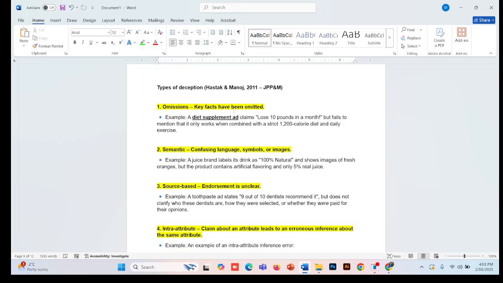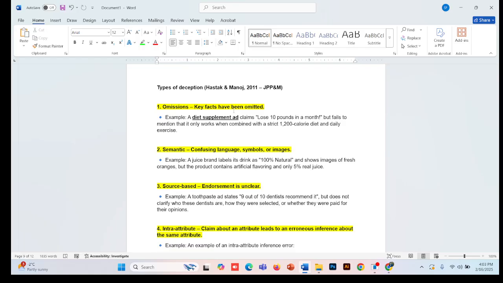The second one is semantic. Here advertisers use confusing language that might lead consumers to develop a wrong impression about the product benefit. As for example, a juice producer advertises their product as 100% natural, 100% orange juice.